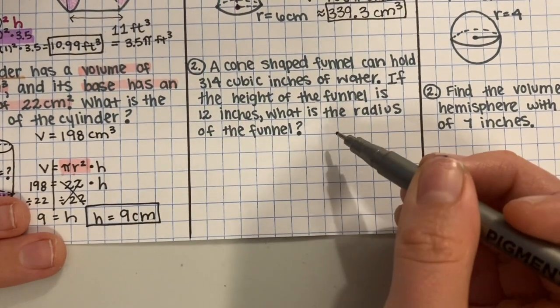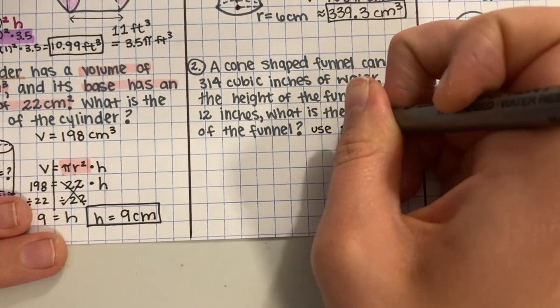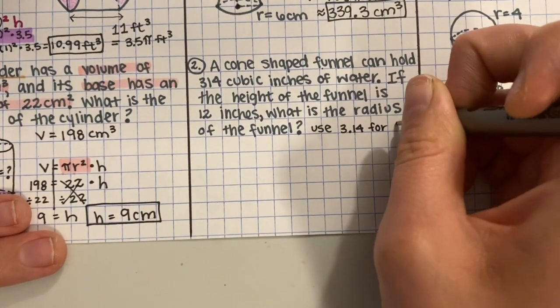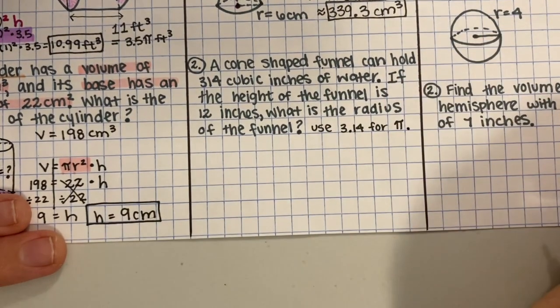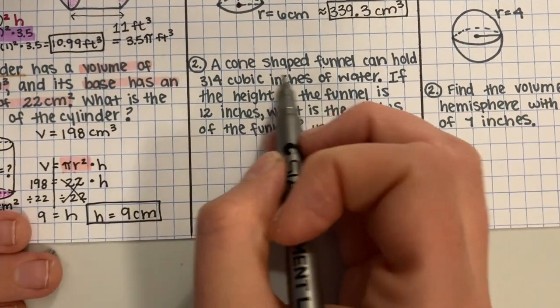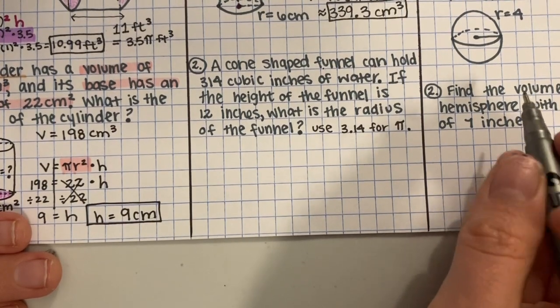I'm going to add into this, use 3.14 for pi. So what I'm going to do first is notice that it's saying a cone-shaped funnel. So I'm going to draw a cone.